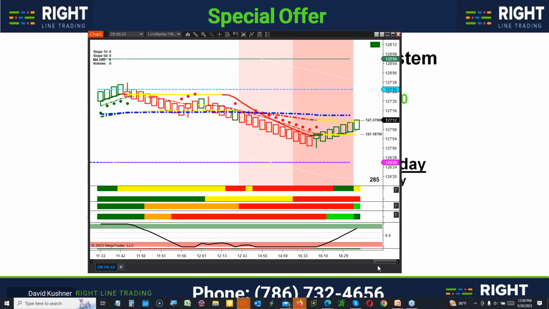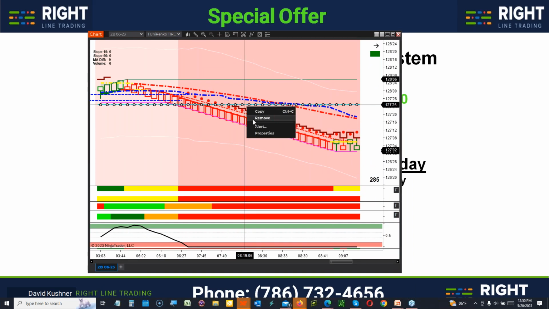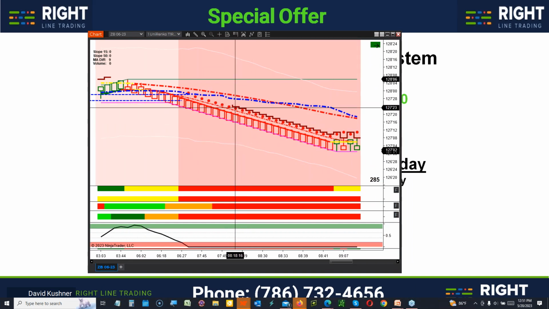Look at this trade on ZB. This indicator is something that I use. Here's the C2, here's the acceleration dots, here's everything red below. We're below the blue line, which is the VWAP. We trade long above the VWAP, short below the VWAP.